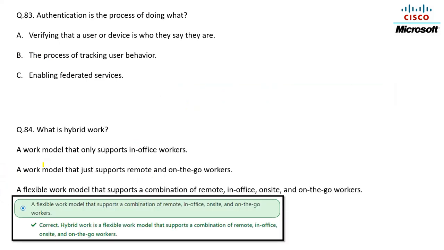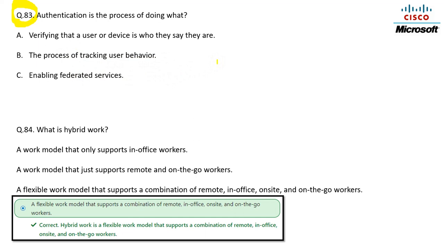Next one, you got two questions here and all are revealed. So authentication is the process of doing what? Authentication. This was one of the questions I had to face in the exam, guys. Verifying that a user or device is who they say they are, or the process of tracking user behavior, enabling federated services.